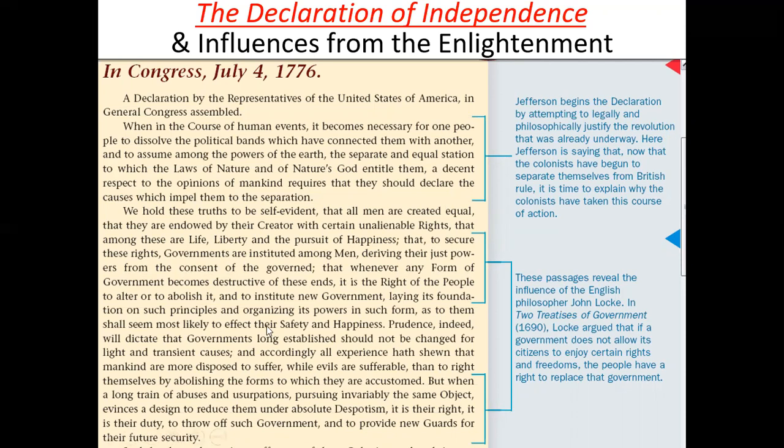And in the following large paragraph, this is showing the influence of John Locke on why we are declaring independence. Listing it all out. Right?